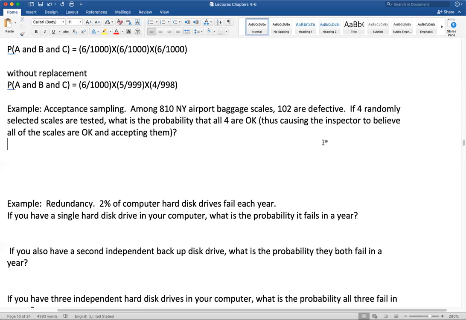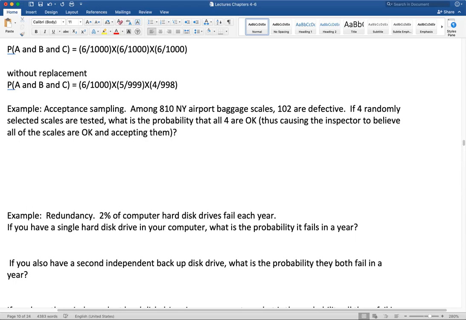So you can consider the first trial will be applied. Choose one baggage scale and check whether or not it is defective. And the second trial, we pick another one and check whether it is defective or not, right?